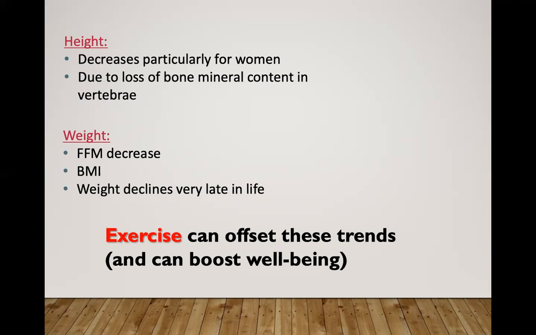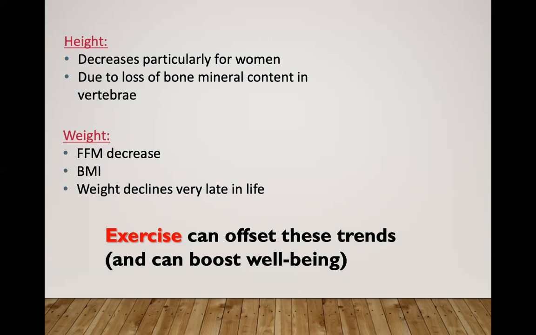Diet and exercise. Exercise can offset these trends with your height and your weight. Obviously, we know that. That's really something that we don't necessarily have to talk about, because a lot of times it's either overlooked or it's not taken on because we don't think that it really matters that much. But diet and exercise all the way throughout our lives is obviously important.